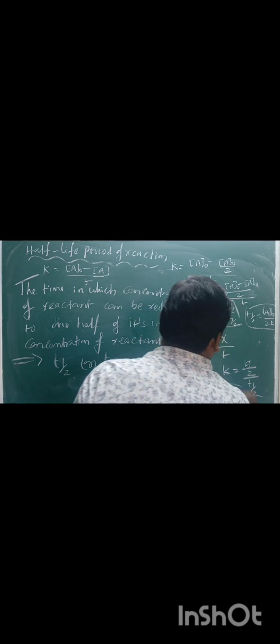Here also the same, t half is equal to a by 2k. The half-life of zero order reactions depends on the initial concentration of reactant. In this half-life method also, some graphical representations are there.